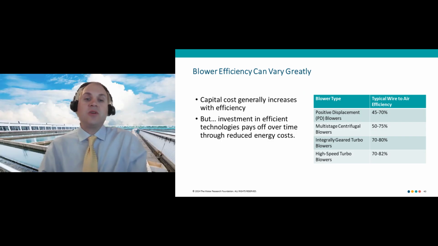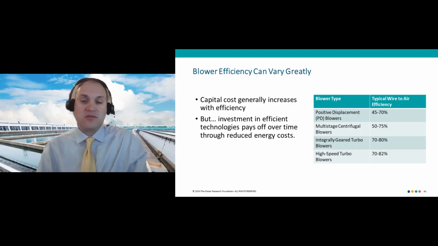Lastly, discussing the blower efficiency. In general, positive displacement blowers are the least efficient in terms of wire to air efficiency, although the screw type blowers and the hybrid type blowers with the twisted lobes can increase that efficiency up past 70% and get closer to the efficiency seen by the turbo blowers.